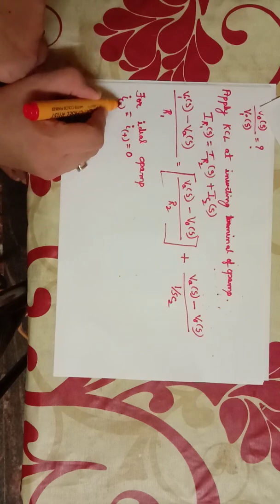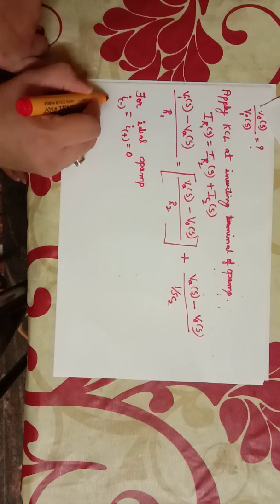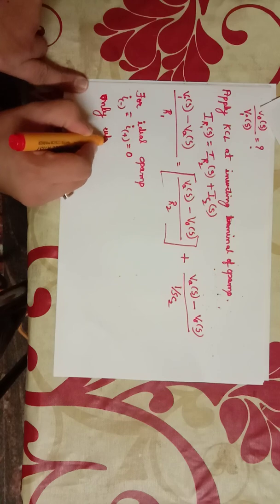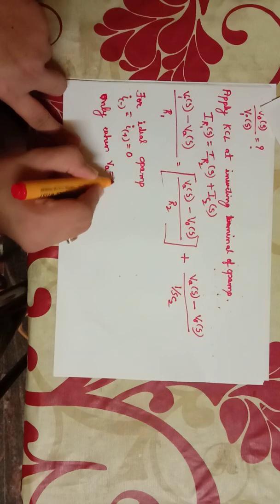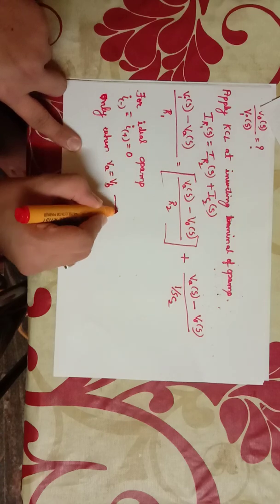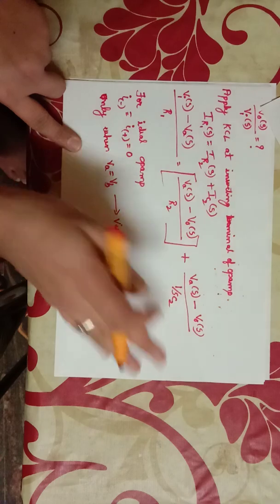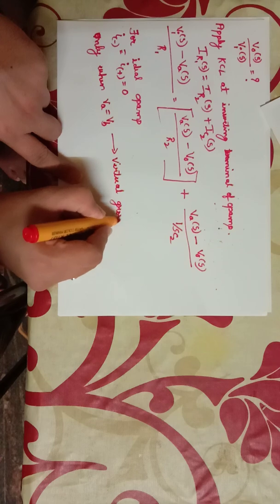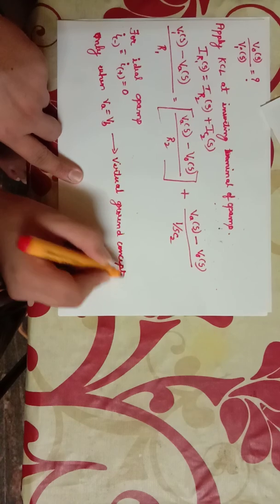These two, I minus and I plus, will be equal to 0 only when VA is equal to VB, and this is called the virtual ground concept.